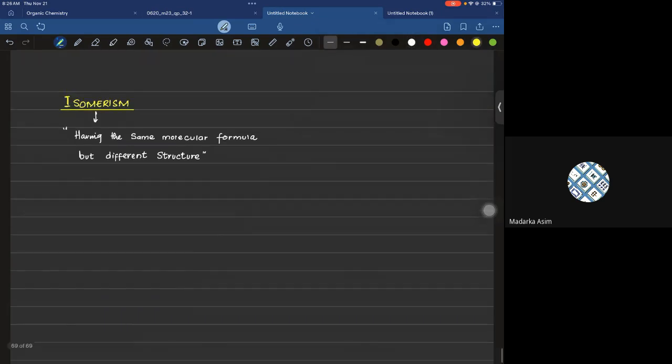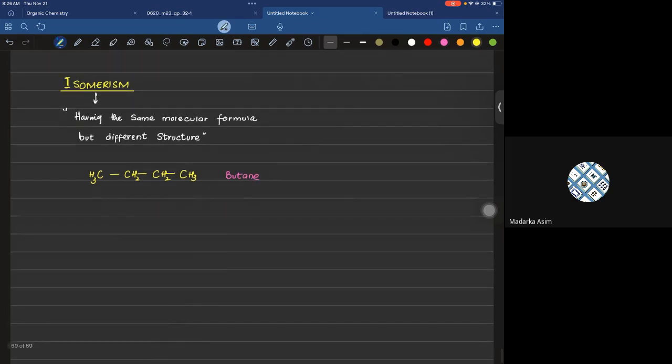So remember, let's suppose I'm going to write this as 1, then 2, then 3, and then 4. I'm writing down the remaining hydrogens to fulfill the valency of carbon. So obviously this is butane.